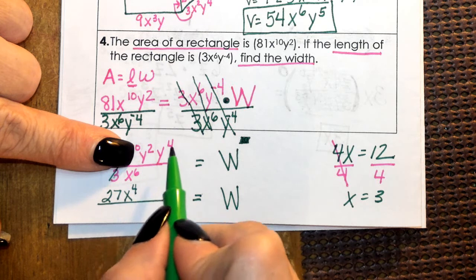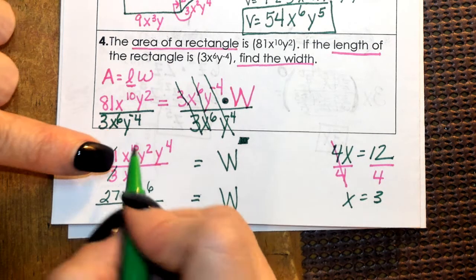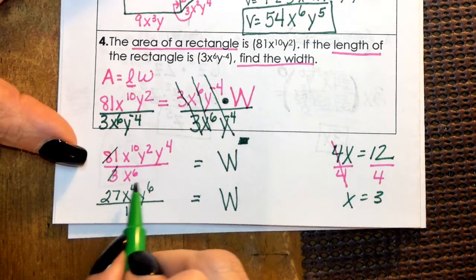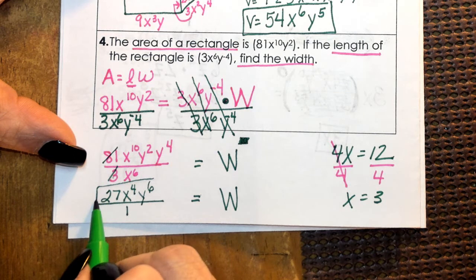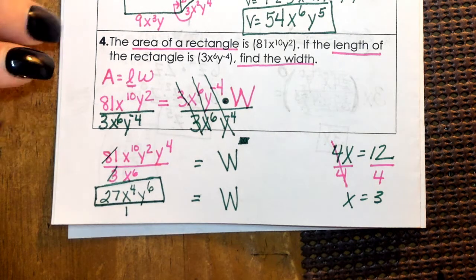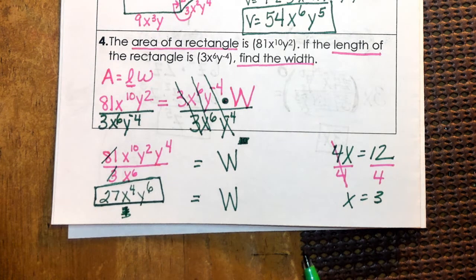That means there's 6 y's, so that would be y to the 6th. Everything's gone on the bottom, so I could put 1, or I could just creatively use that line as a box. 27 x to the 4th, y to the 6th is my answer, and I don't need that 1 under there.